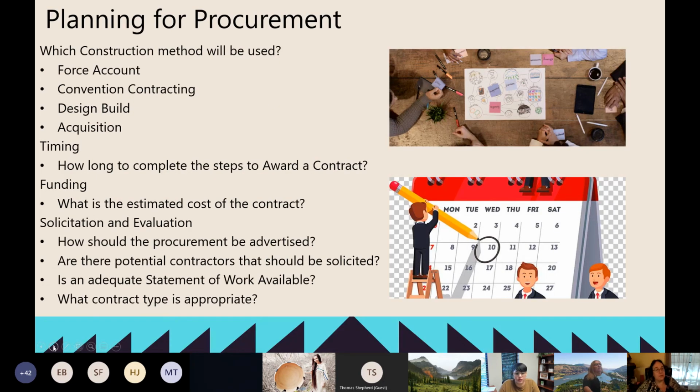You're going to have several things you need to determine. What kind of construction method are you going to use? I dabbled in force account at one time. One of the things I discovered with force account is it's pretty much like the rest of the tribe: if there's a funeral or whatever, you're going to lose all of your crew.